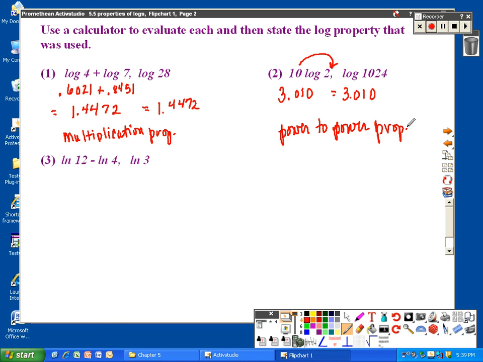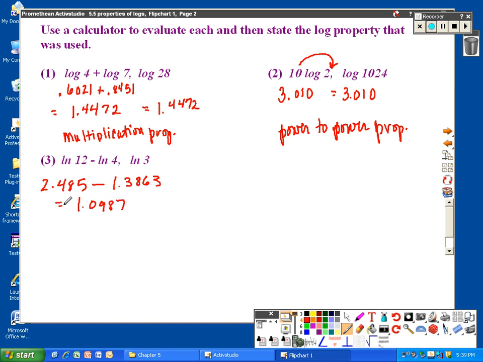Now the next one, natural log of 12 minus natural log of 4. So first find natural log of 12, 2.485, minus natural log of 4, 1.3863. And when we subtract those, we get 1.0987.